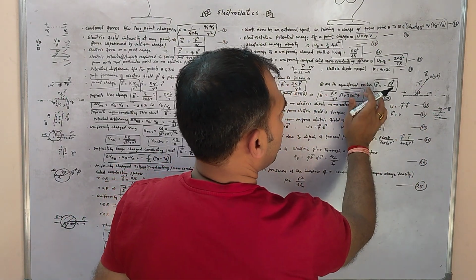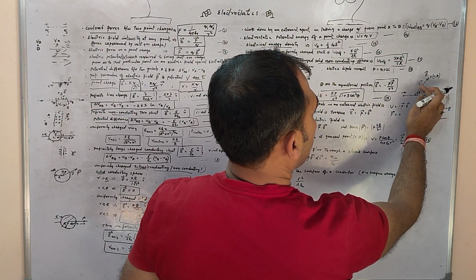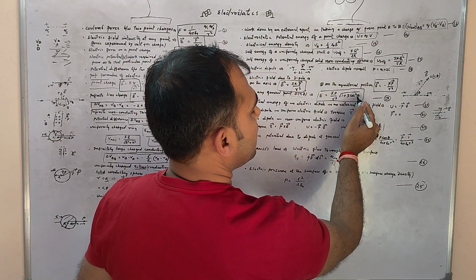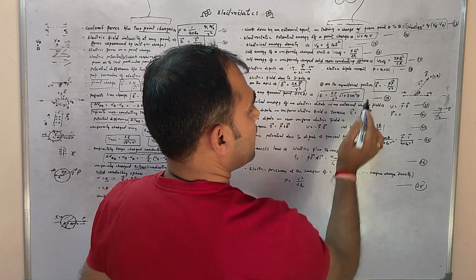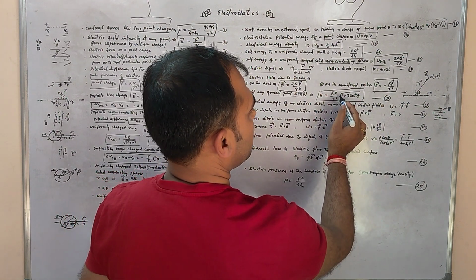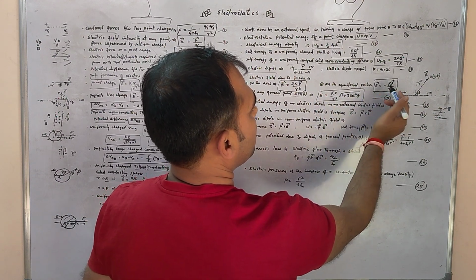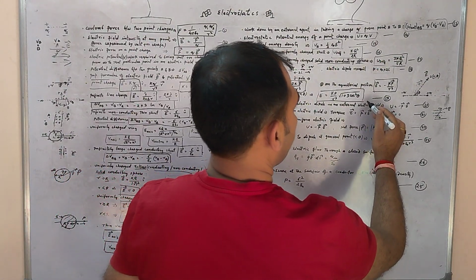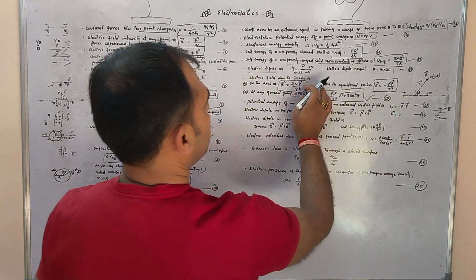For equatorial position, theta will become 90 degree, and if we put theta equal to 90 degree, then cos theta will be 0. So this value will become kP by r cube. So better to remember this rather than these two.